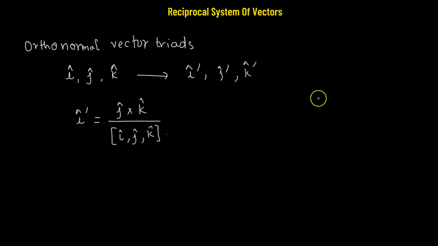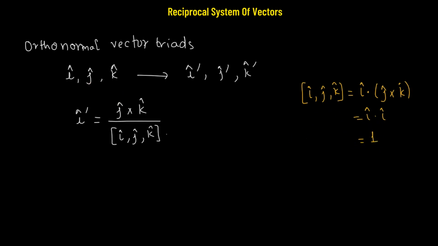We can check that out. By definition, the scalar triple product of i cap, j cap, k cap is i cap dotted with the cross product of j and k. j cross k gives us the vector i cap, and the dot product of the unit vector i with itself is equal to 1.